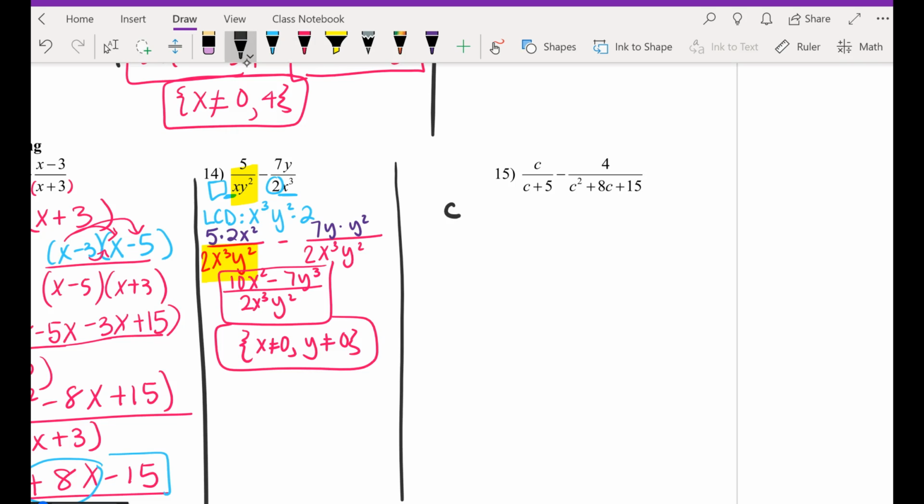I know the first one I can't really do anything with, but the second one, James, did you and Kai figure out what the factors are? C plus 5 and C plus 3.